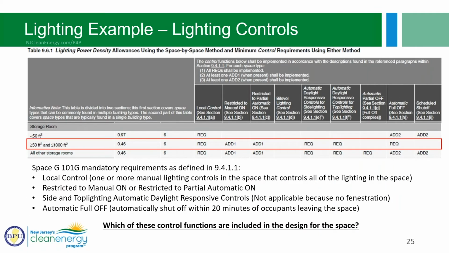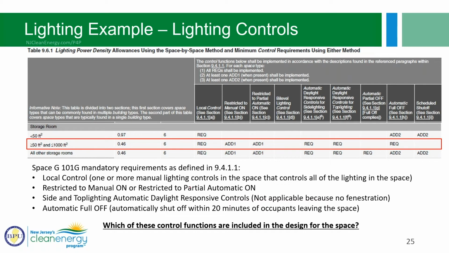All right, so controls in the compliance form are captured as they are defined in section 9 and table 9.6.1. So I'm sure this table looks very familiar to everybody in the training today.